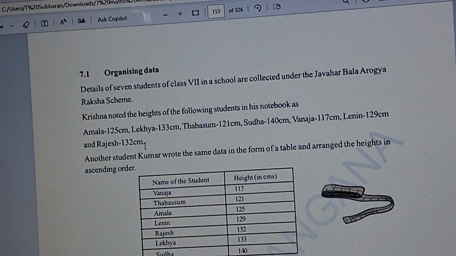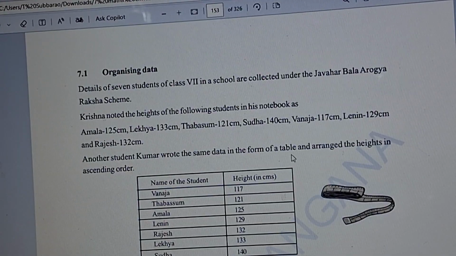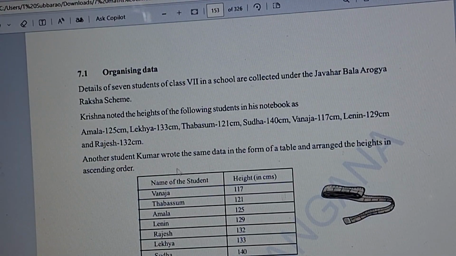And another student by name Kumar, he has written all these same in the form of a table arranged in the heights. So what he did, he wrote all the names in an order here: Vanaja, Tabasum, Amla, Lenin, Rajesh, Lekhya, Sudha, and he wrote all the heights in ascending order.